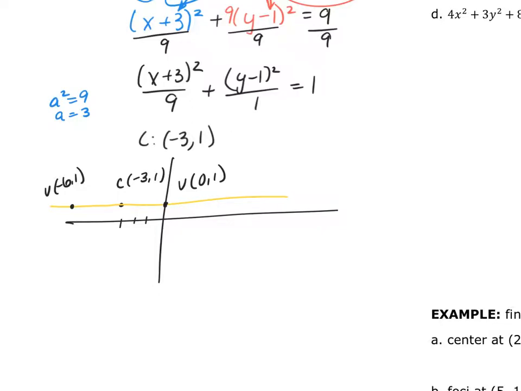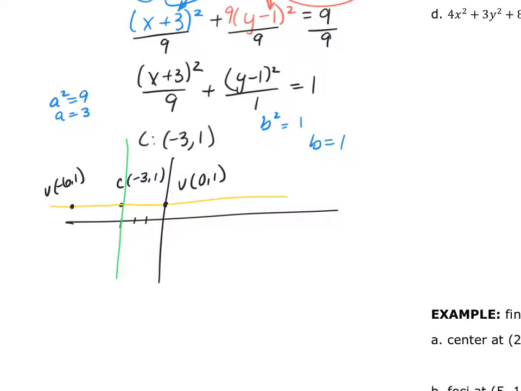My minors, I'm going to do in green, is going to run parallel to the y-axis. So I go back up here and I say, okay, well, b squared is equal to 1. That means b has to equal 1. So for my minors, am I going to add that 1 and subtract that 1 from the x part or the y part? I'm going to do it from the y.